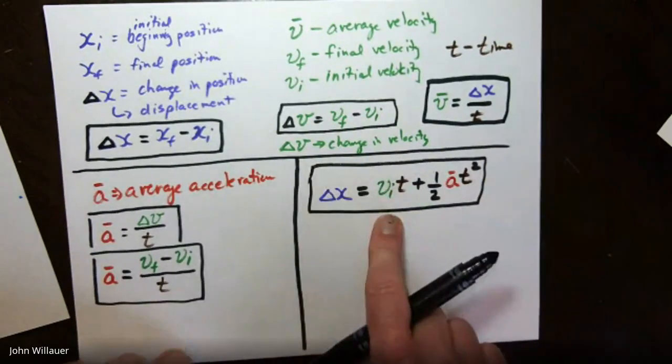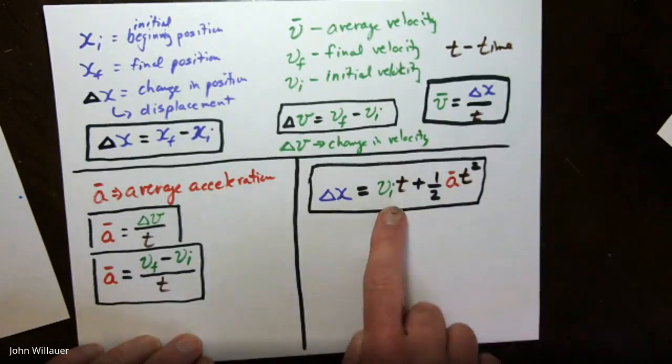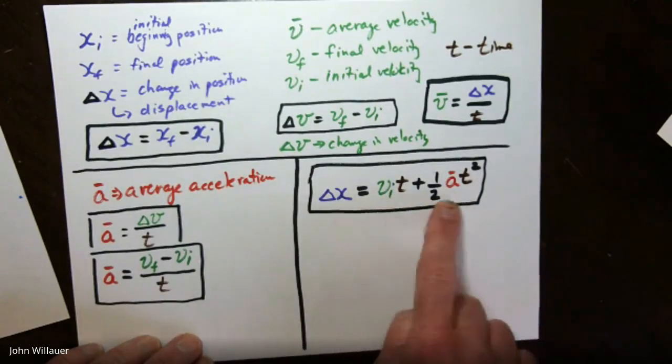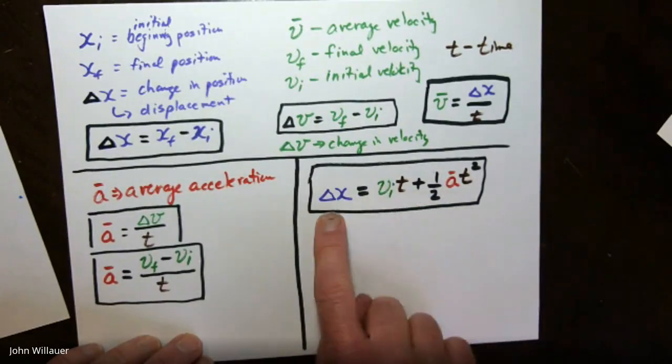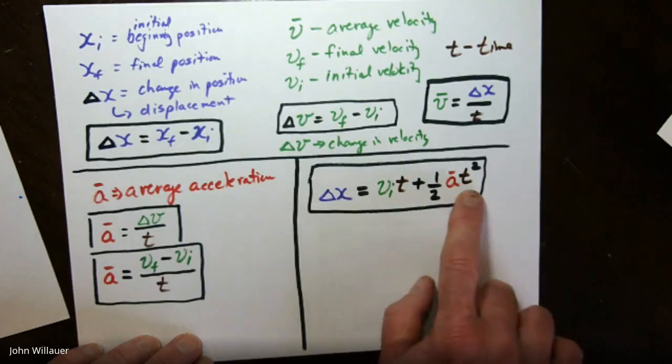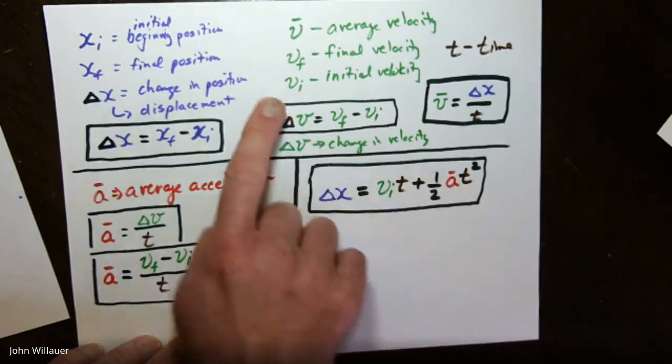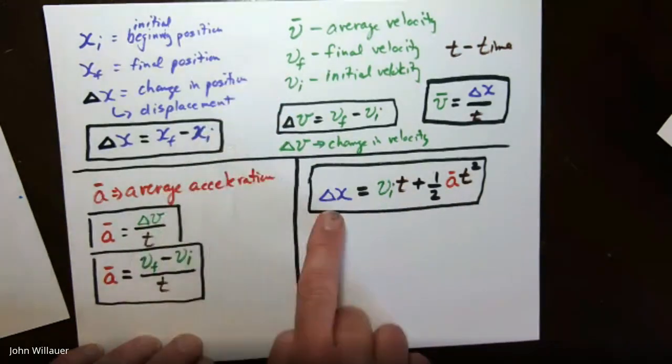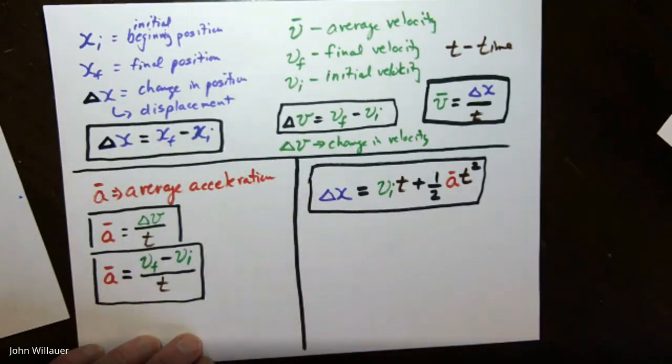So that's one, very useful. Why is this one useful? What do I not need to know here to solve this problem? To figure out the displacement, all I need to know is how fast I started out at, how long I'm accelerating, and what the acceleration is. I don't need a final velocity to figure out a displacement here. So that's a powerful expression that we can use.